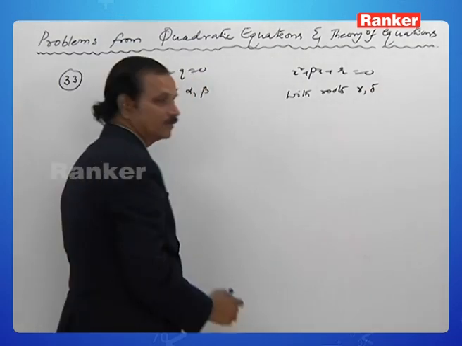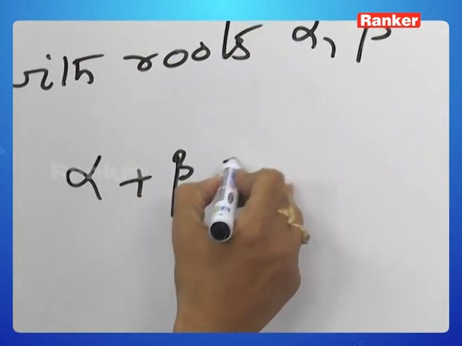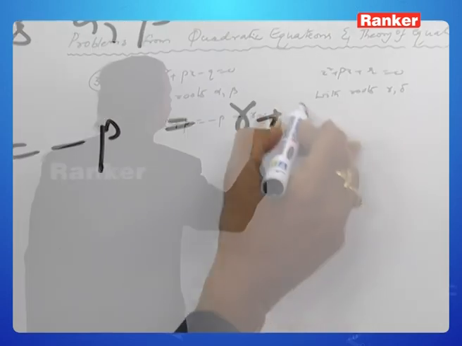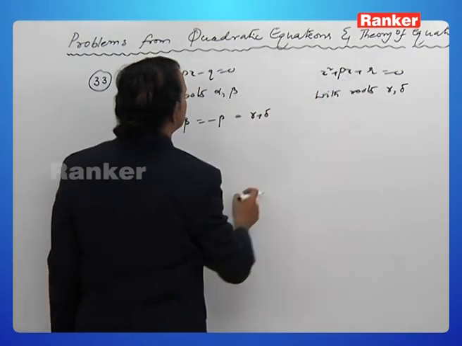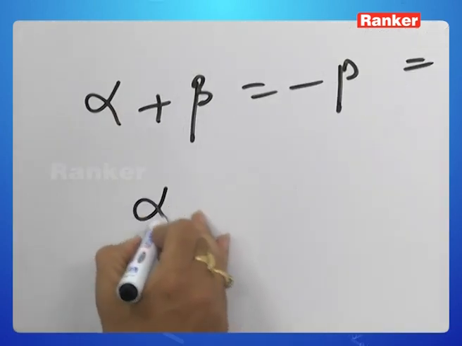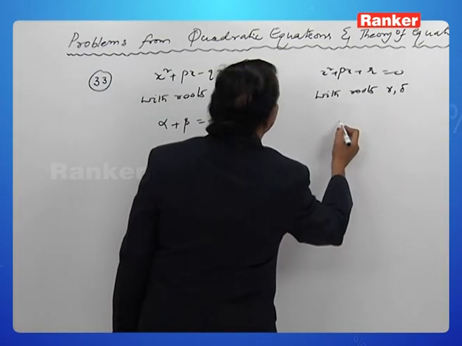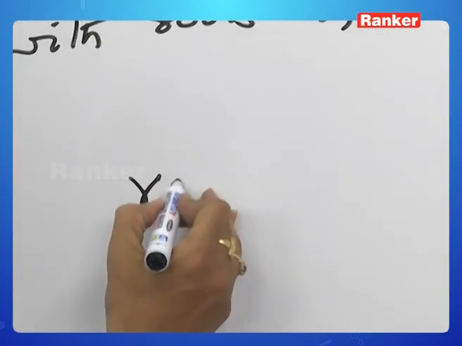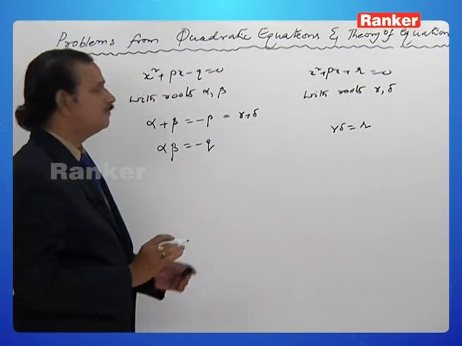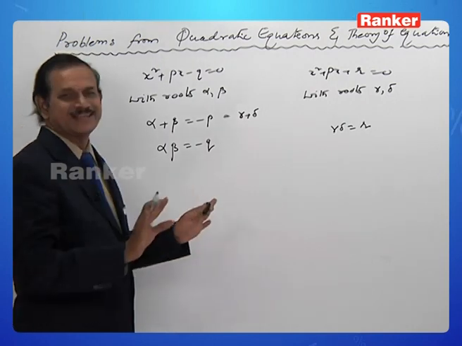From this, what can you have? Alpha plus beta is equal to minus p, is equal to gamma plus delta. Alpha beta is equal to minus q and gamma delta is equal to r. This is the information that you can gather.